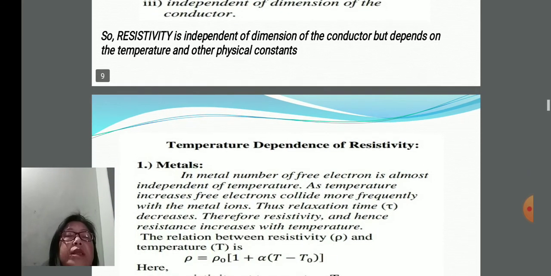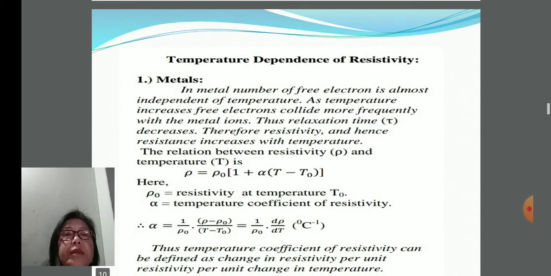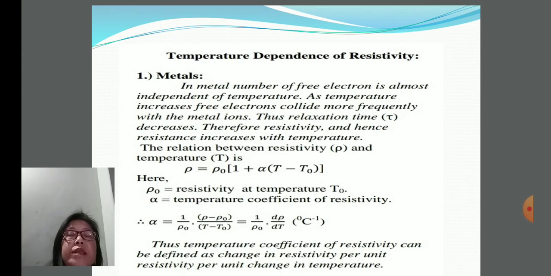Not only resistivity, but resistance also depends upon temperature. In my first video, I had already said that the resistance of a conductor depends upon the temperature. Now, temperature dependence of resistivity. Let's see the first case, metal.